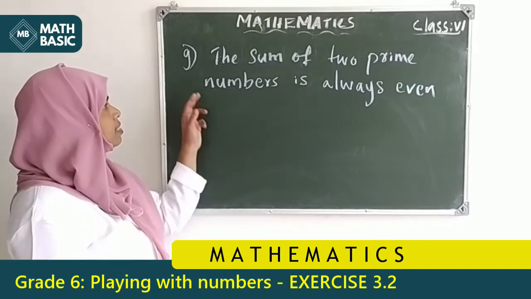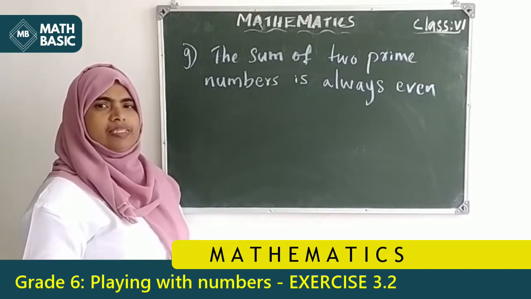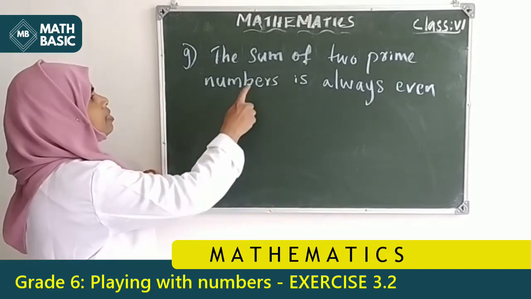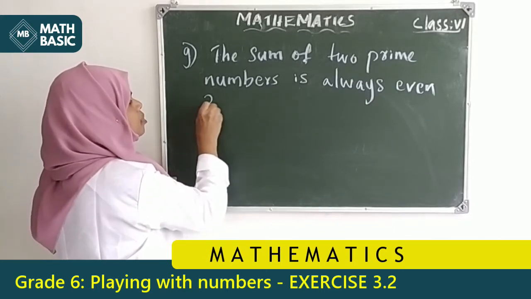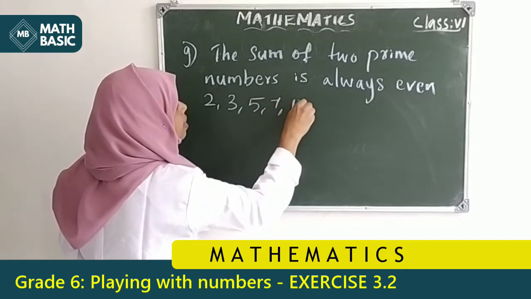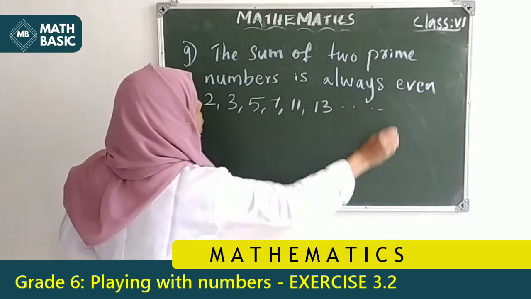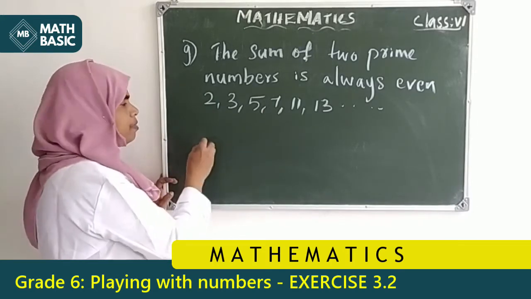Dear students, G. The sum of two prime numbers is always even. The prime numbers are 2, 3, 5, 7, 11, 13, etc. Take the first two prime numbers.